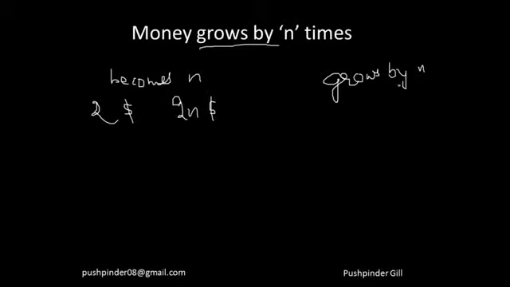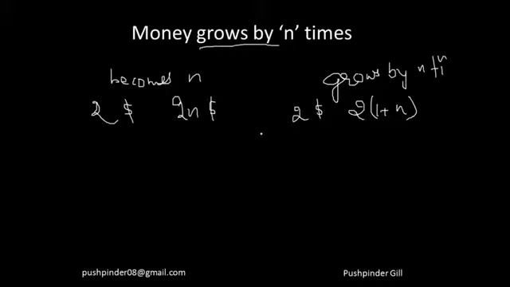Now money grows by N times. Grows by N times means if it was $2 right now, it will become 2 into (1 plus N). Whatever it is right now, it is going to be N times more.